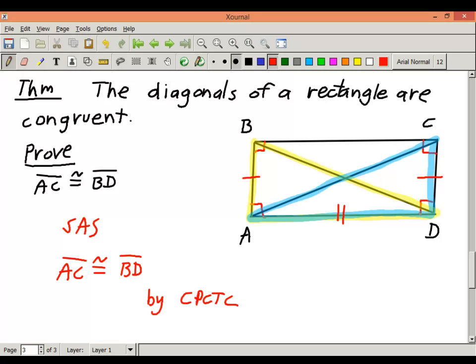We've proved that a rectangle is a parallelogram, and so it has all the properties of a parallelogram. And then the other theorem we just proved today was that the diagonals of a rectangle are congruent. The diagonals of a rectangle are congruent. So if we know those two theorems about rectangles, we should be good to go for this assignment.